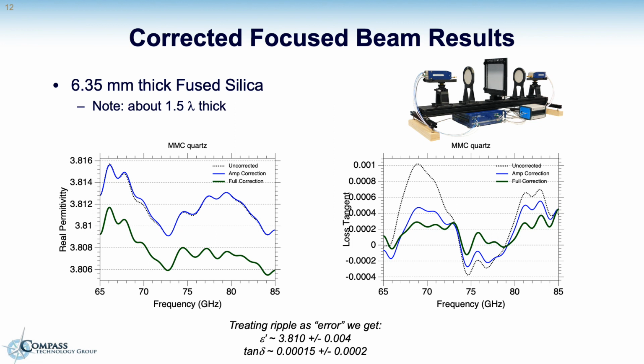Not a huge one, but not an insignificant one either. And of course, our loss tangent is improved both by the amplitude and the phase correction, as you can see on the right. If you assume that the ripple is sort of our uncertainty or error, and we average through that, then we can conservatively come up with a mean and standard deviation for our measurement, which shows that our loss tangent sensitivity is on the order of 0.0002.